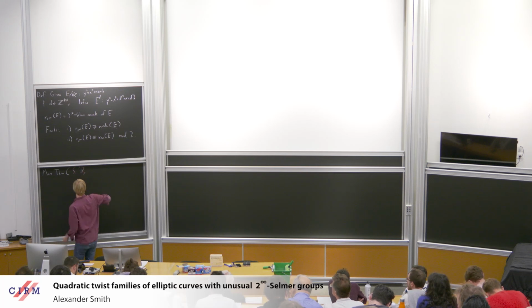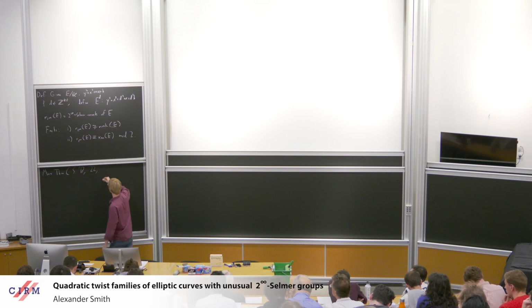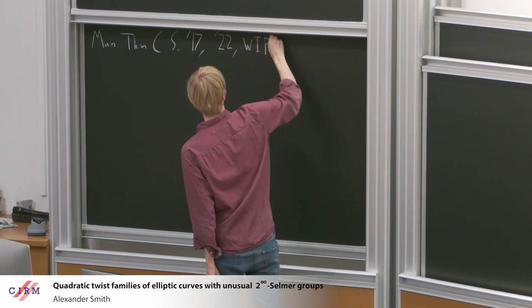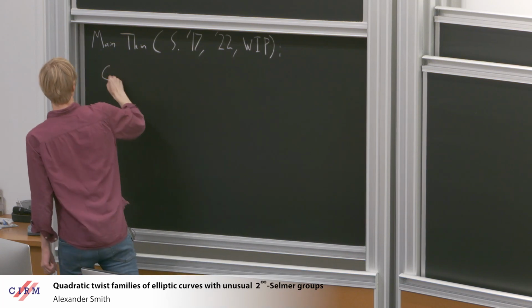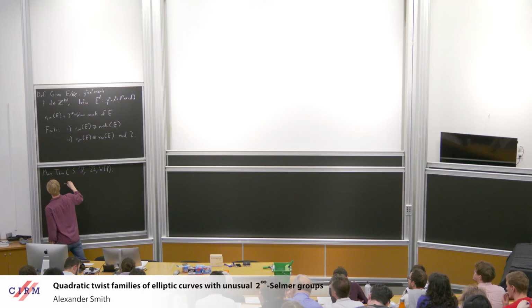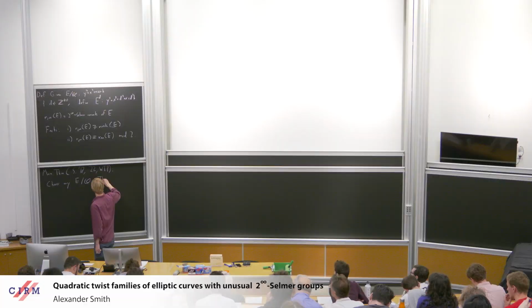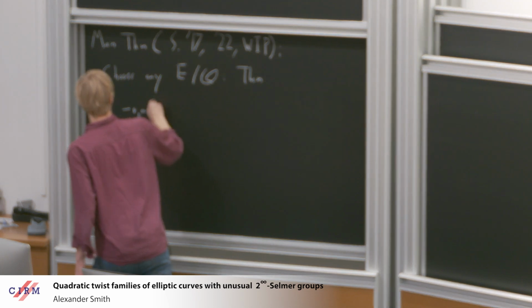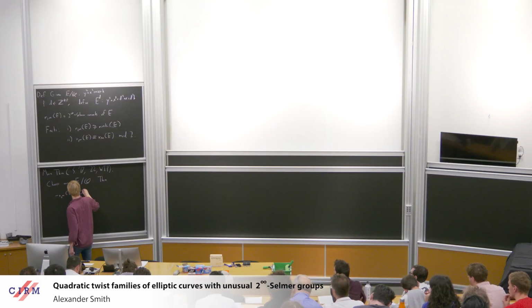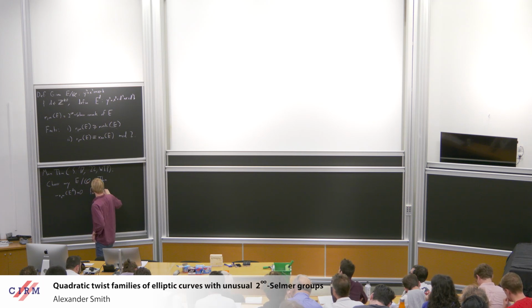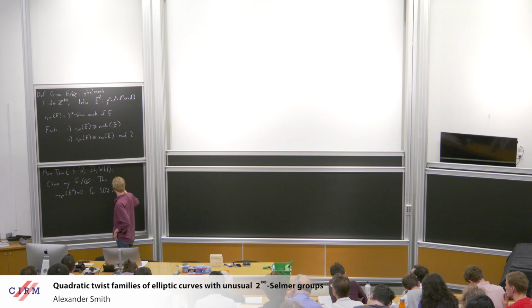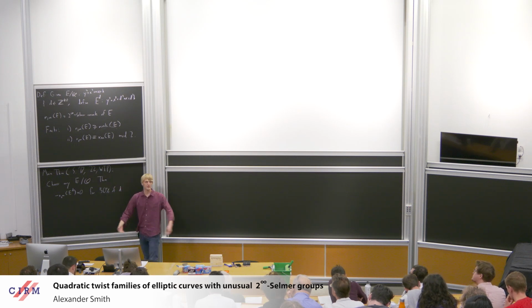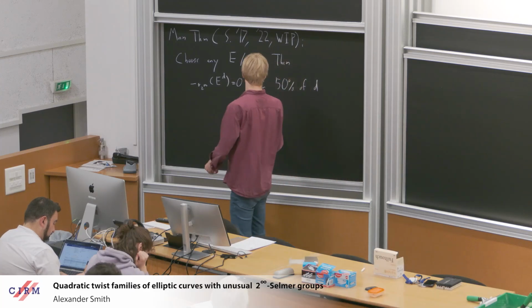So paper from 2017, and then 2 papers from 2022, and then a part of it, which is work in progress, is: if we choose any elliptic curve E over Q, then R2 infinity of E twisted by D is equal to 0 for 50% of D. Where by this I mean you consider all the D of magnitude less than H, and then let H go to infinity. This probability approaches 50%.